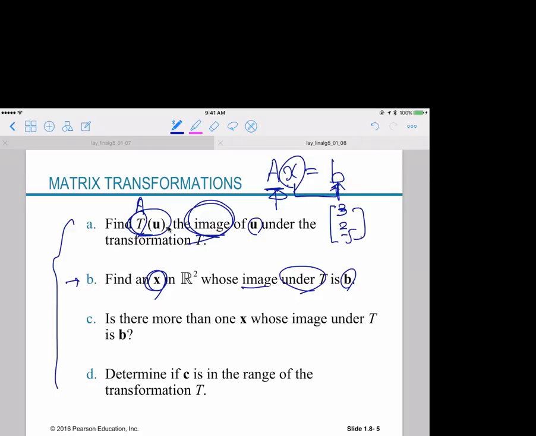So this is our function output. And so the question is, what will be the vector X that satisfies this?